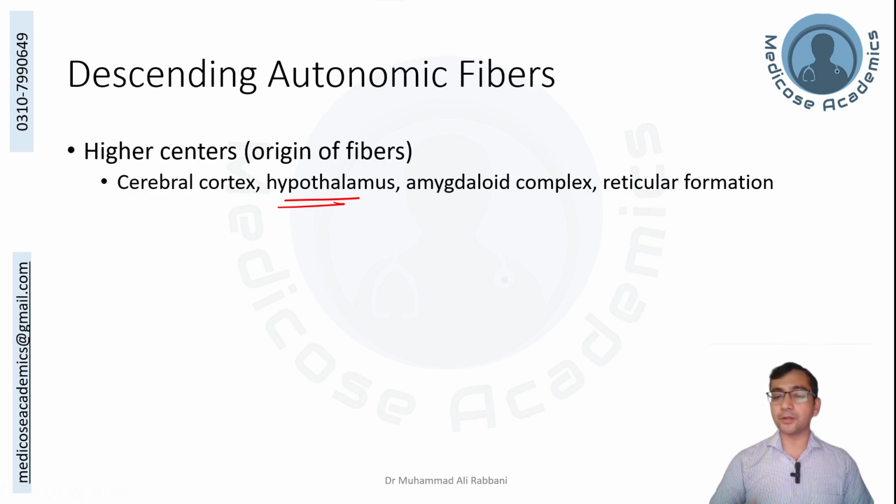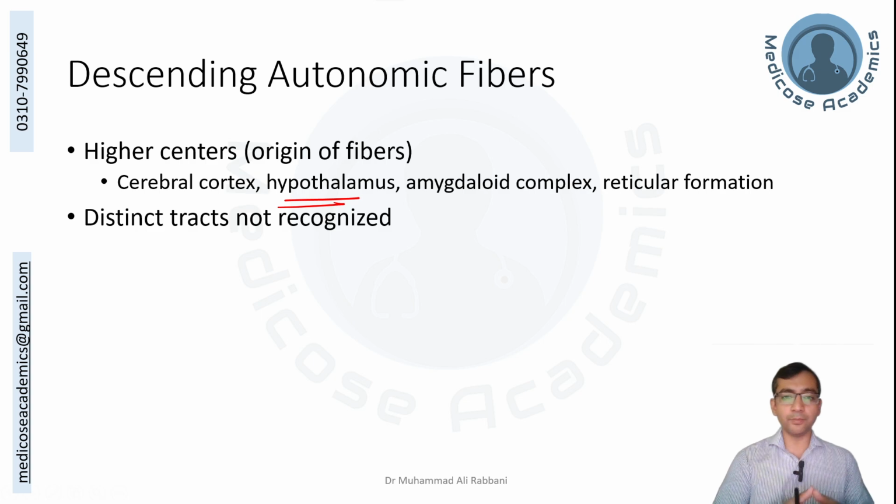Then there is the amygdaloid nuclear complex, a part of the limbic system, and the reticular formation. All these fibers come down as a tract, but they don't make a very distinct standalone tract as was made by others. So we use a general term: descending autonomic fibers.